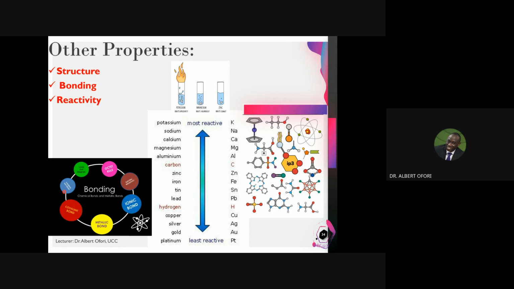So one element is going to meet with another element. There's a possibility that they have to change before they can engage themselves. Otherwise, it will not happen that they will form a compound.